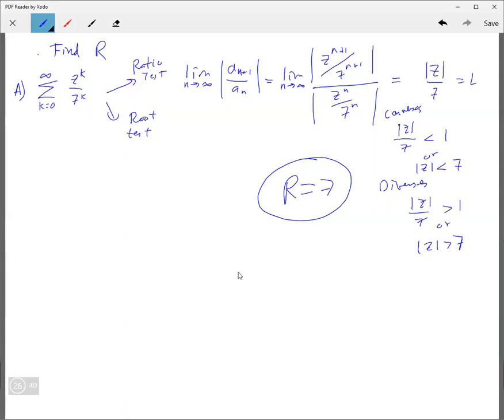Another way you can calculate this with the ratio test is taking it directly: flip this over and only take the coefficients.